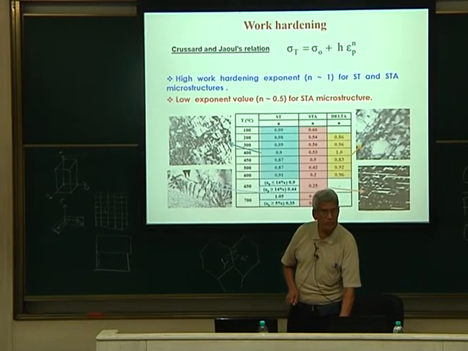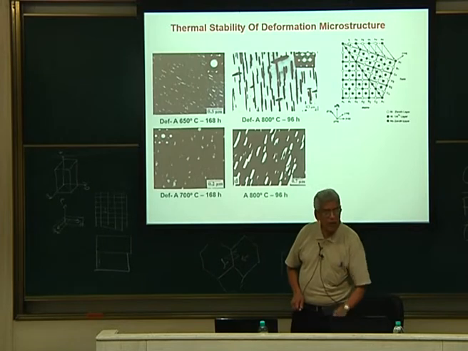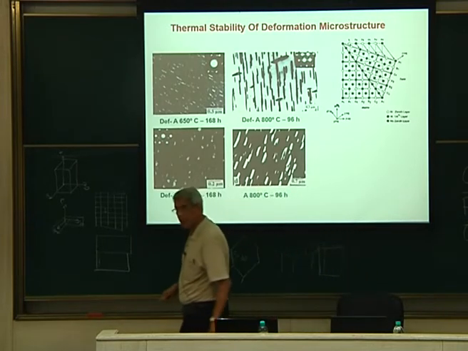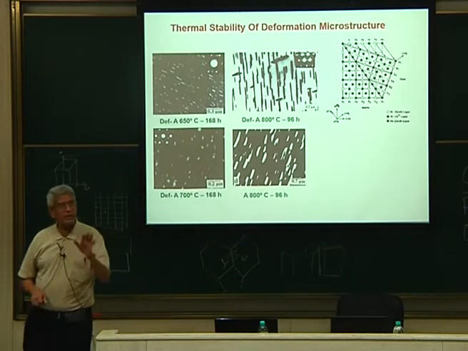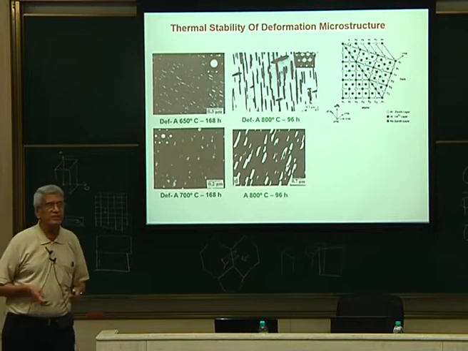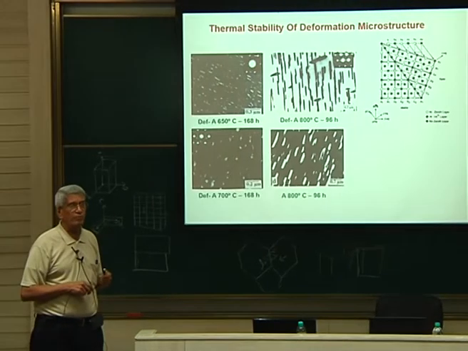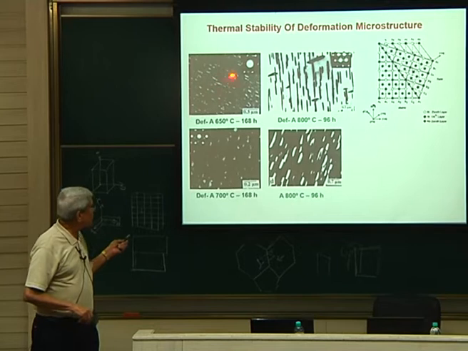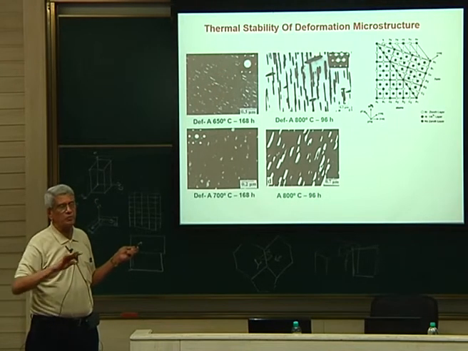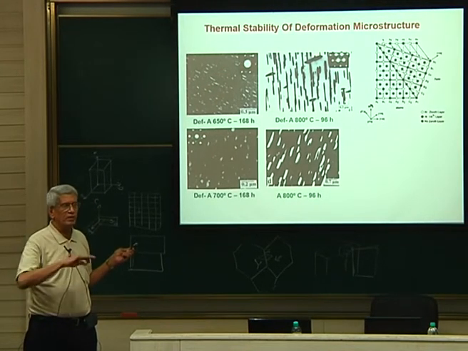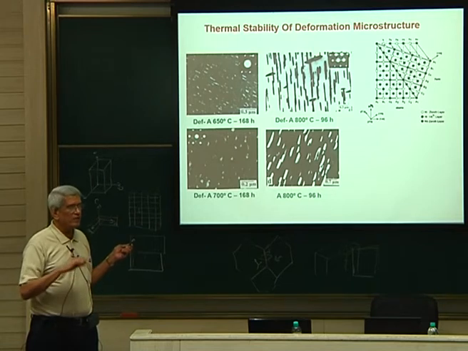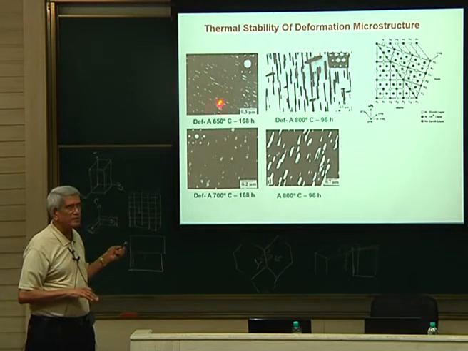Then the next question which came is that these twins which they form, are they stable at high temperatures or whether they transform? Okay. For which what we did was that after this sample has been deformed at room temperature with large particle sizes, then we aged them at different temperatures.